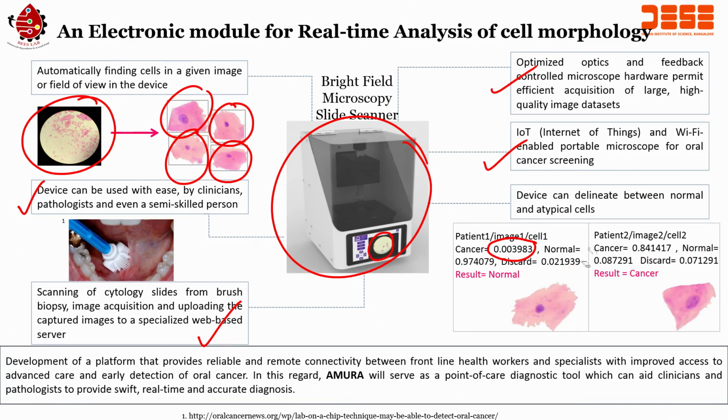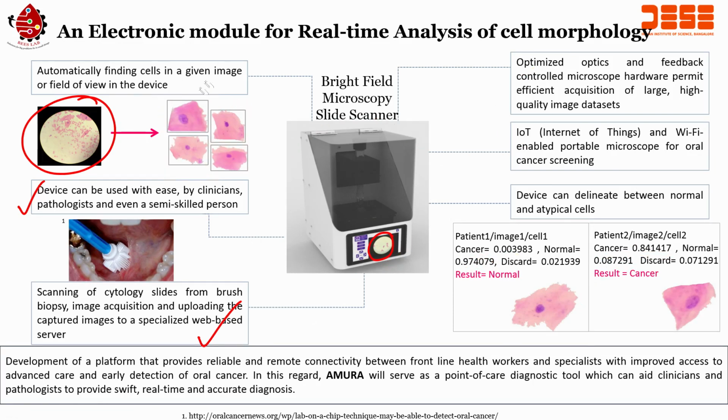So, it is very easy to identify whether it is cancer or not from the values obtained through the microscope. Here you can see normal is very high, here the normal value is extremely low, here the cancer value is extremely low, here the cancer value is extremely high, right. So, with both images we can delineate cancer cells over the normal cells, alright.